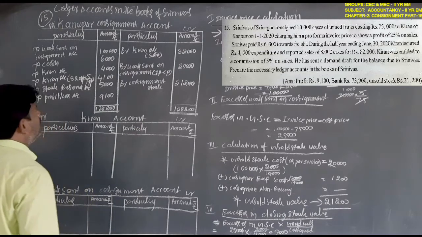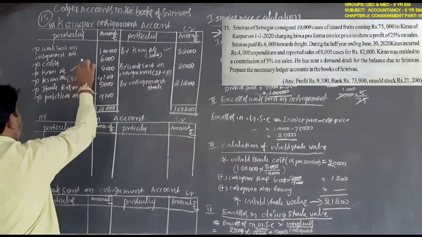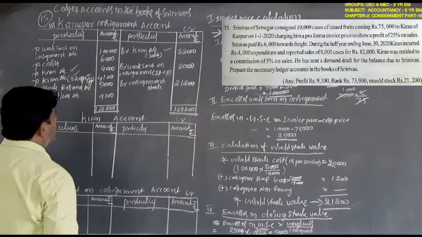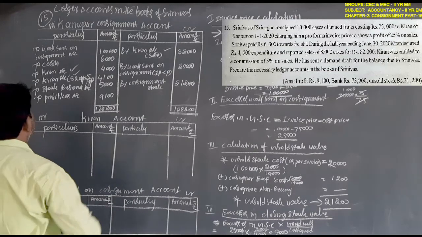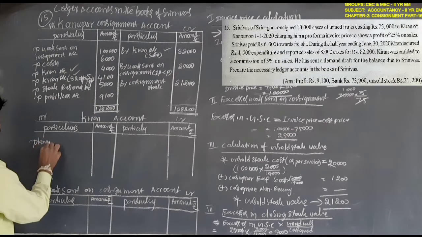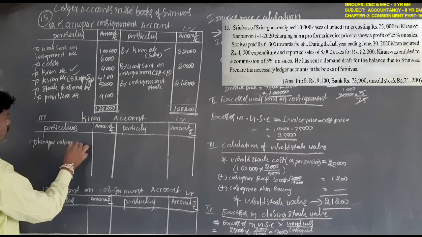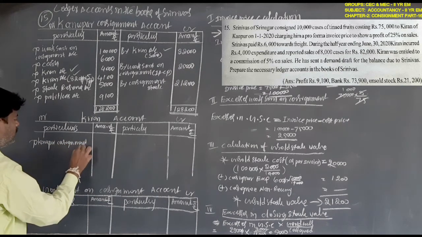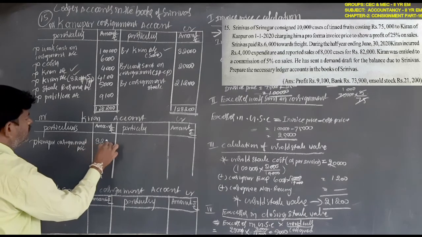Next, prepare Kiran account. Here also Kiran is there, here also Kiran is there, here also Kiran is there. So what are the transactions related to Kiran that should be recorded in the Kiran account? So here, to Kanpur consignment account, amount is 82,000.